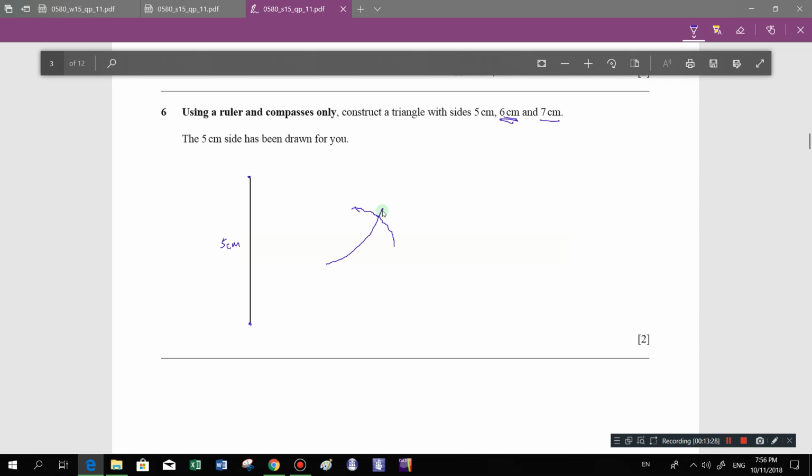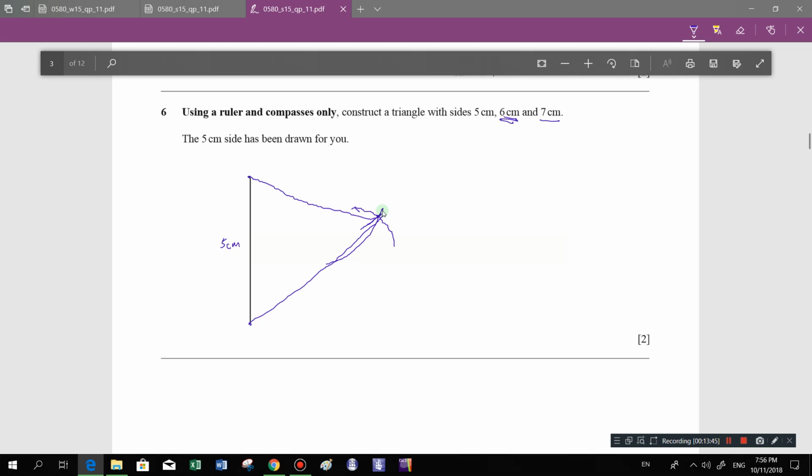Let's say this is the intersecting point. So from here you join to this point, and then from here you join to this point. Okay, make sure they intersect in this point.